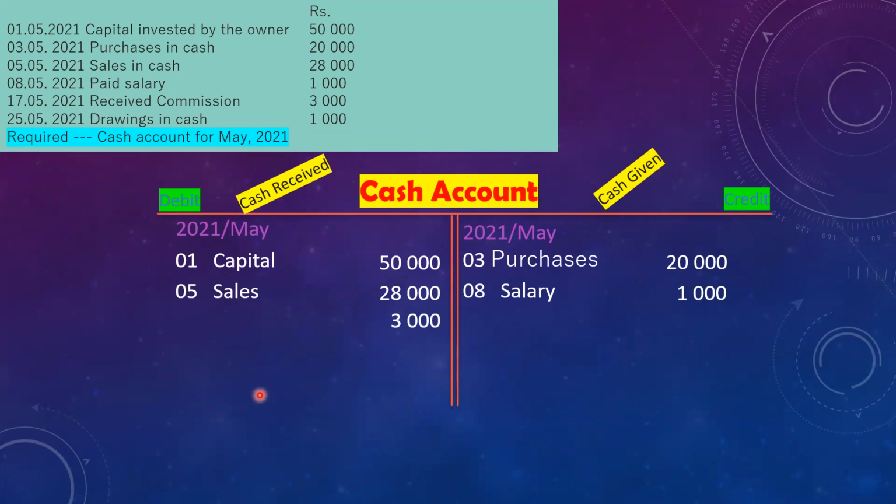Therefore, when you record received items, like commission income, mainly income, received commission, received rent. If they give, you must write received, or else the income word should be there. So commission income, or else we can say commission received.